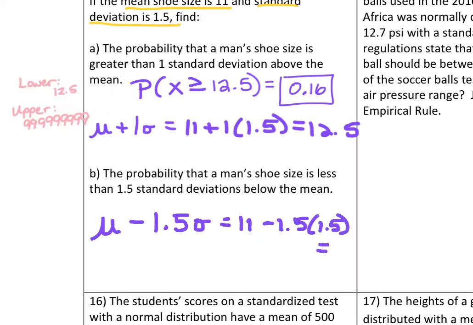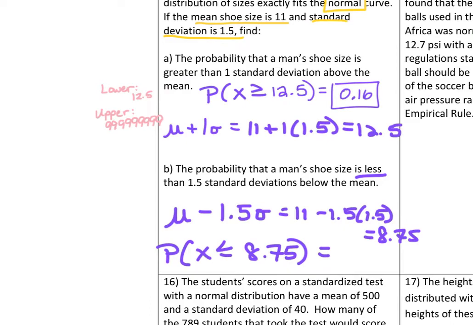And so that would be 8.75. And so you want the probability that x is less than or equal to 8.75.